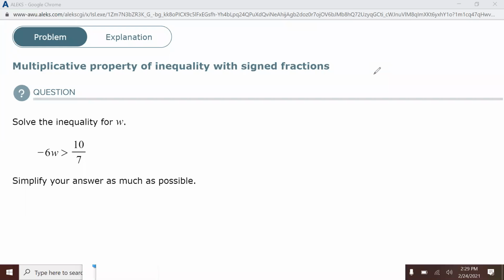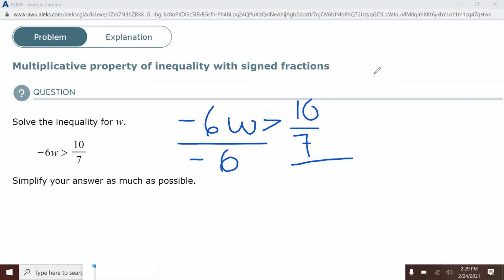On this one, the variable is being multiplied by something. The way we handle that is the same way we handle it if it were an equation. We divide by -6.